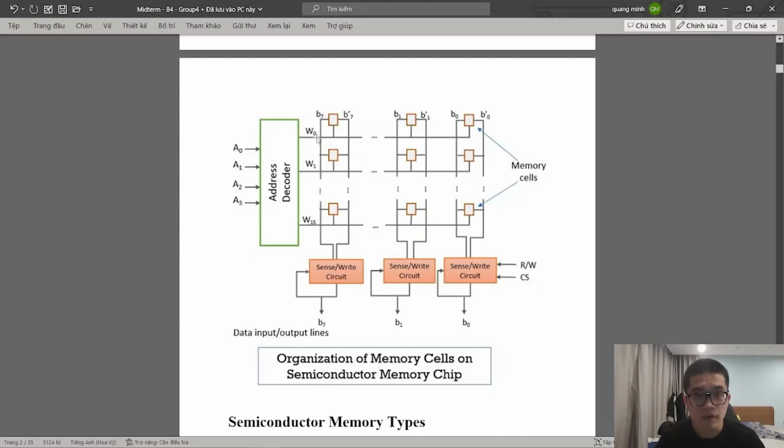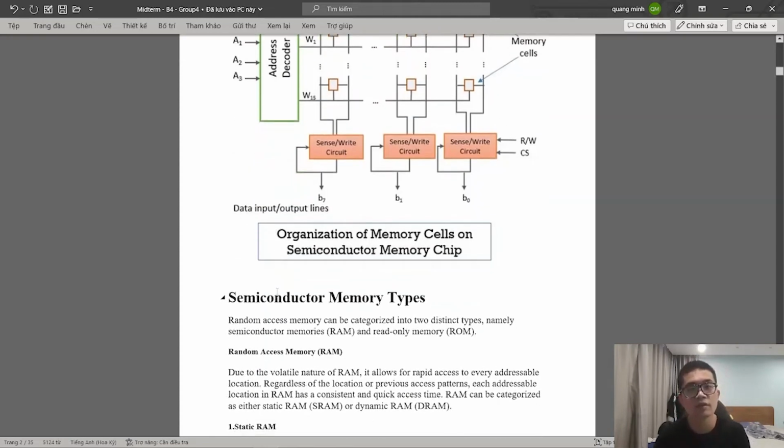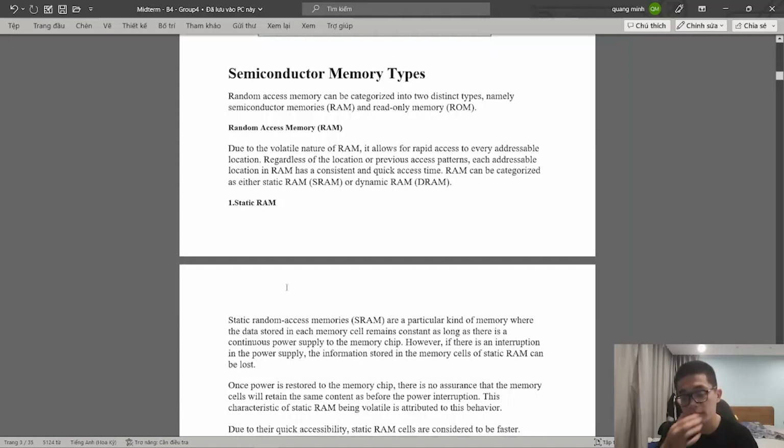This is the W0 through W15, and those are the sense-write circuits for each column of B. And from here and here, it will be the data input and output lines. So next we will talk about the types of semiconductor memory.